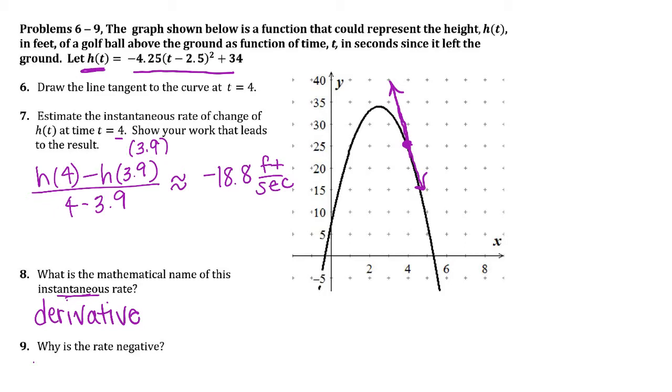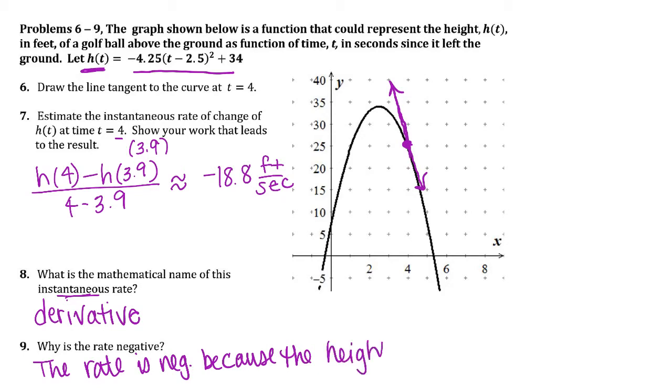So again, let's put this in a good sentence here. So the rate is negative because the height of, and this was a golf ball, is decreasing.